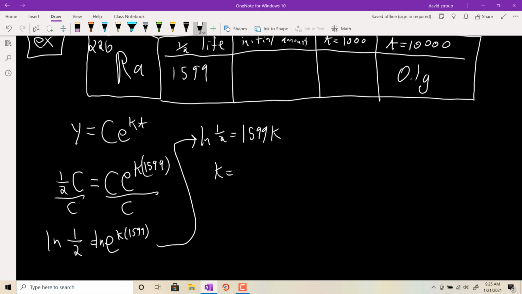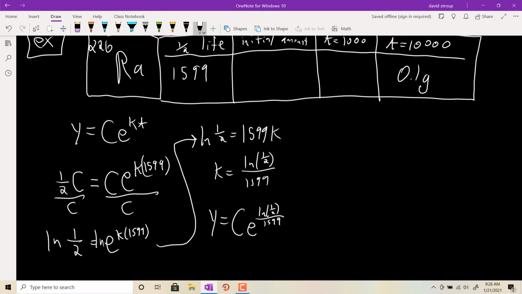So k will equal ln of 1/2 divided by 1599. Generally you get like 4 decimals. I hate approximations, so I'm just going to keep that as my k value and use it in the formula. So we have y equals c e to the ln of 1/2 all over 1599 times t.